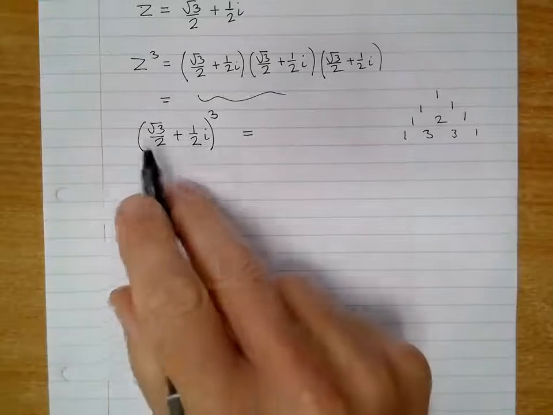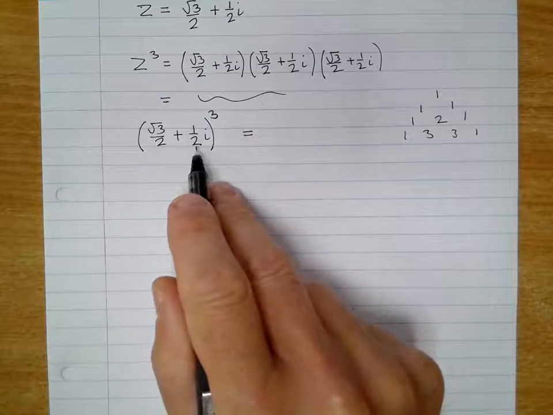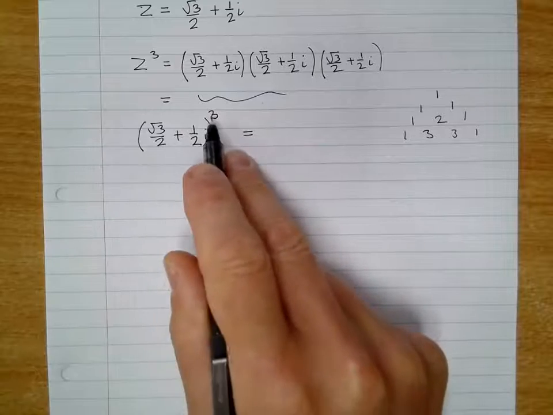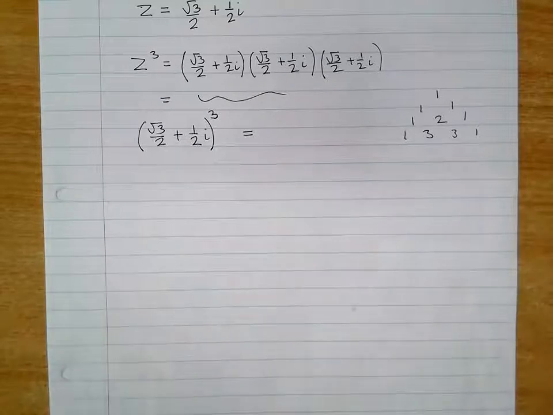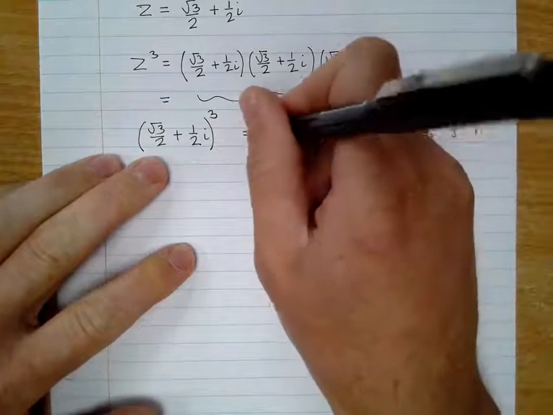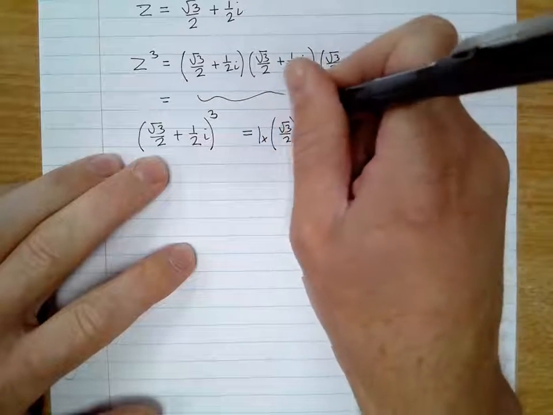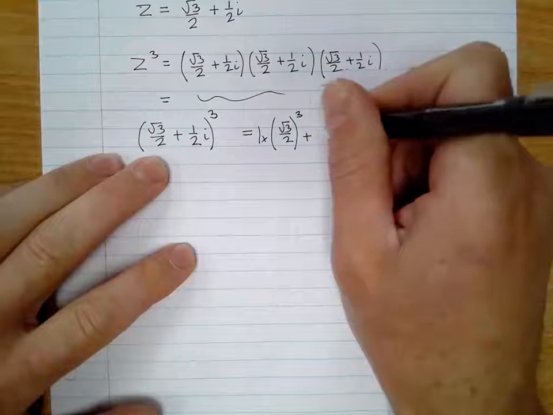And it's going to be that to the power 3, that to the power 0, that to the power 2, that to the power 1, that to the power 1, that to the power 2, that to the power 0, that to the power 3. In other words, 1 times root 3 over 2 cubed plus, I'm going to run out of space here, aren't I?